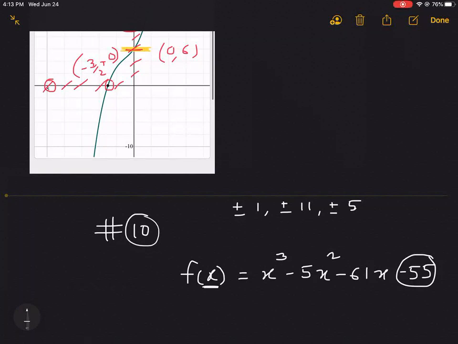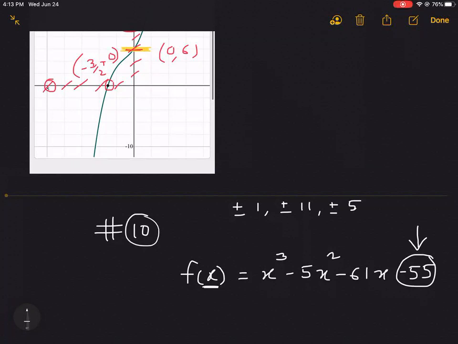Now, can you see any value which will make your function 0? Can you see that? Can you find any value, of course, as I said, you need to find that from the factors of the constant term.